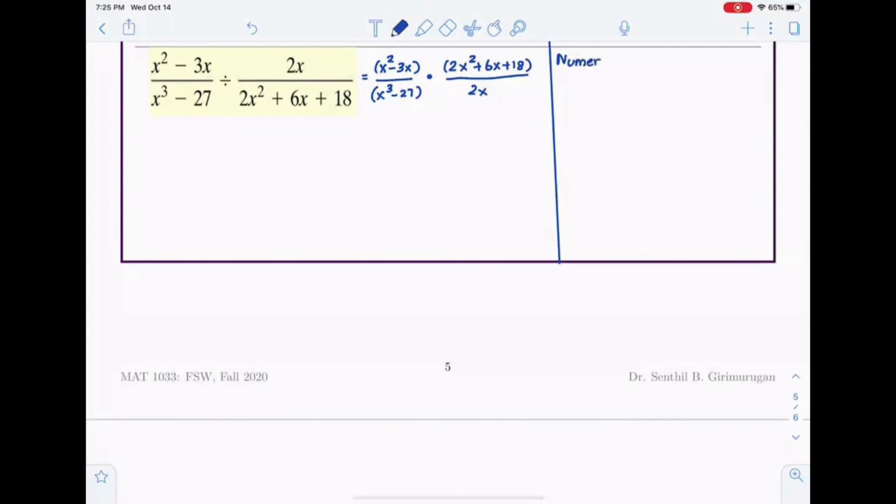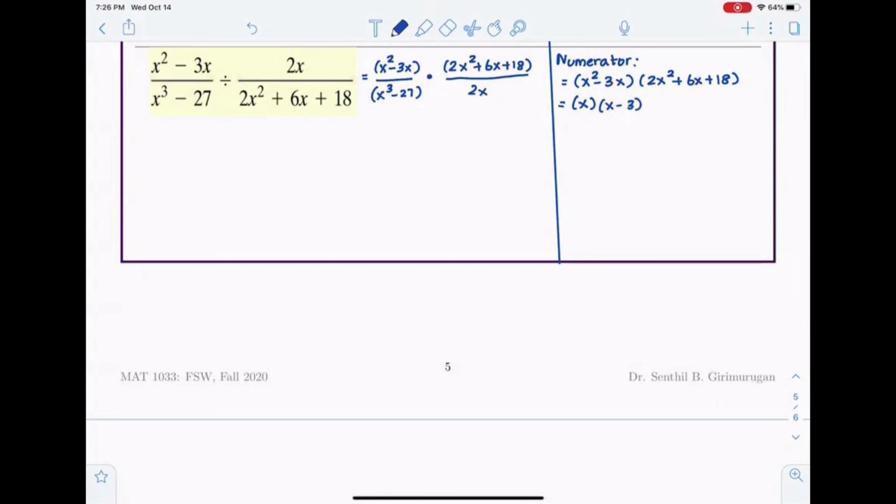So the numerator, we have x squared minus 3x multiplied by 2x squared plus 6x plus 18. In the first factor, we have x in common. So if we pull x out, we are left with x minus 3.